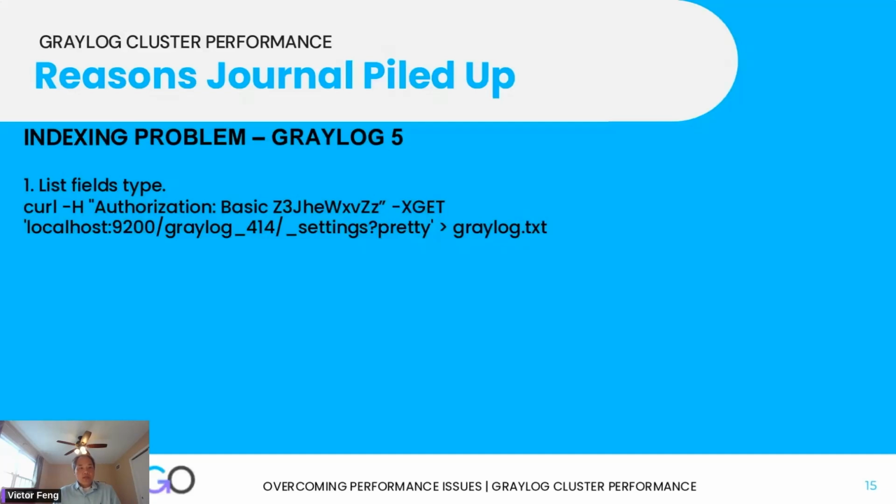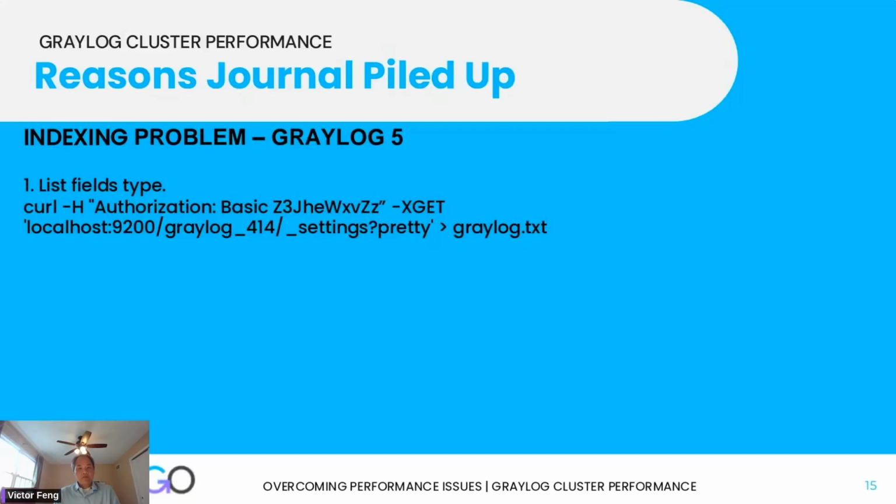So we're going to run this command to make the API call to list all of the fields and their data types. Currently, the graylog underscore 414, 414 is the latest current index. And this is your token, you need it.